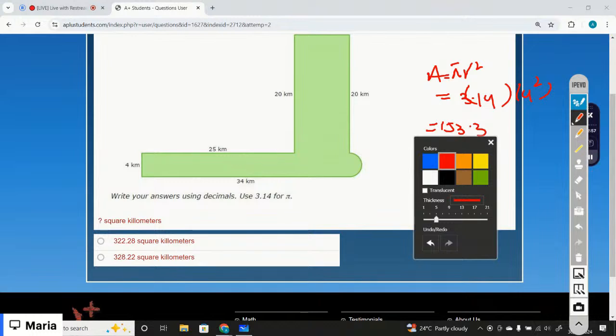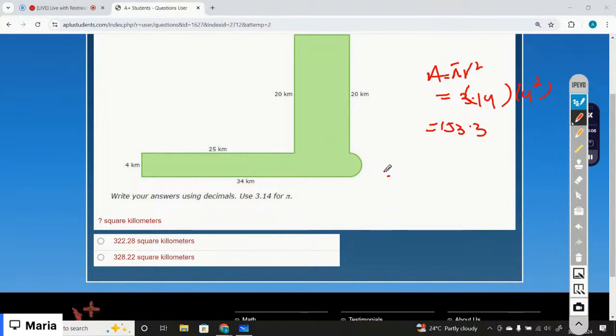And for this one, that is 9 times 25, that is 225, and plus 34 times 24, that is 34 times.